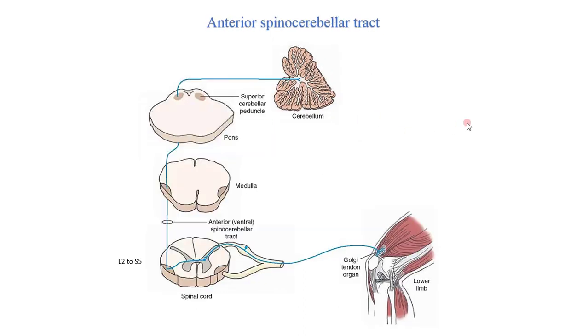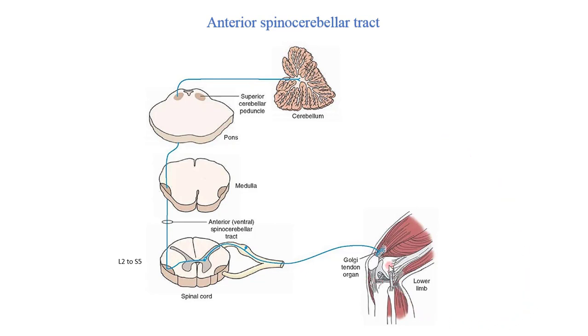Okay, moving on to the anterior spinocerebellar tract, which is also known as the ventral spinocerebellar tract. As its name suggests, it is located anterior to the posterior spinocerebellar tract and carries unconscious proprioceptive fibers from the lower limb to the cerebellum.